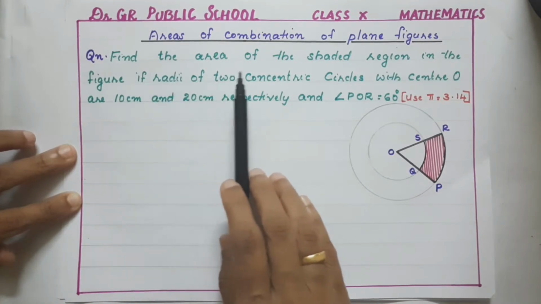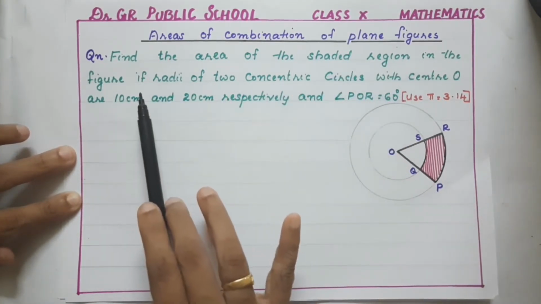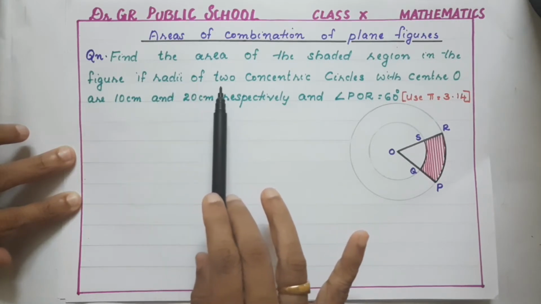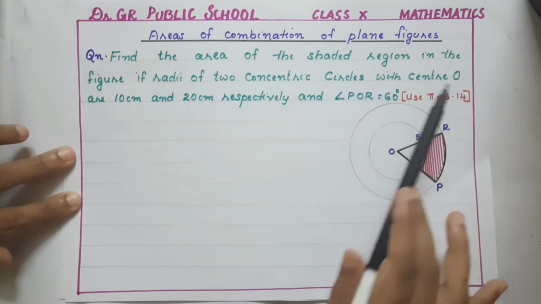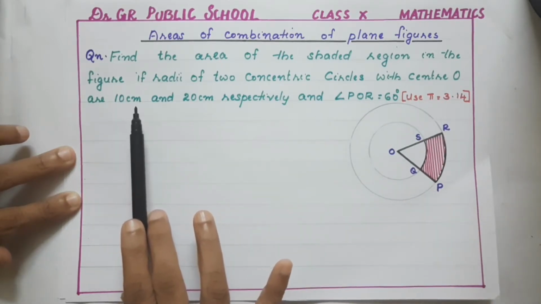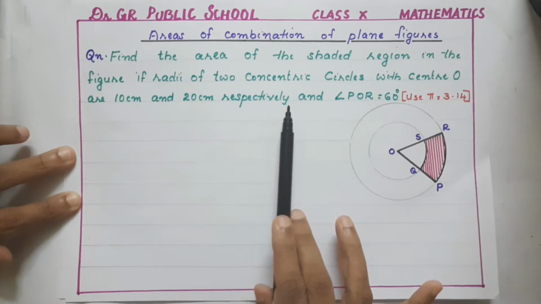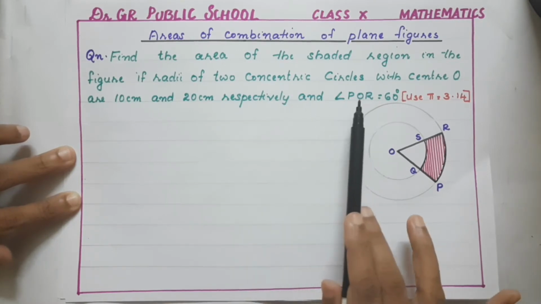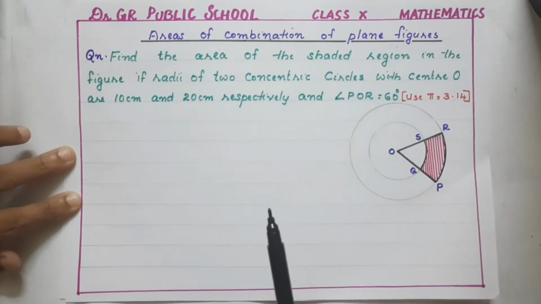Find the area of the shaded region in the figure if the radii of two concentric circles with center O are 10 cm and 20 cm respectively and angle POR equals 60 degrees. So what is the question, children?